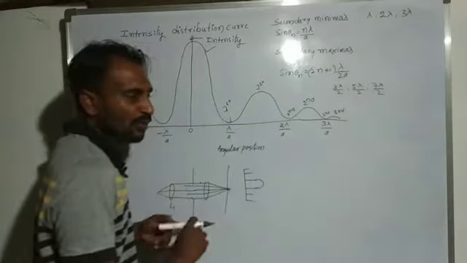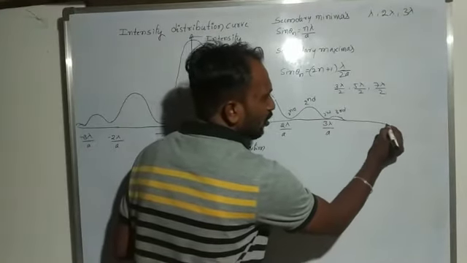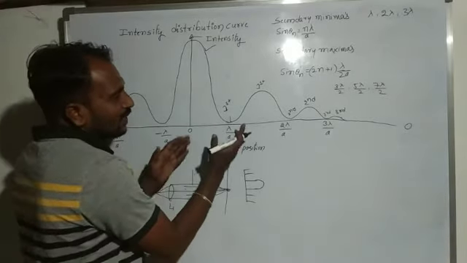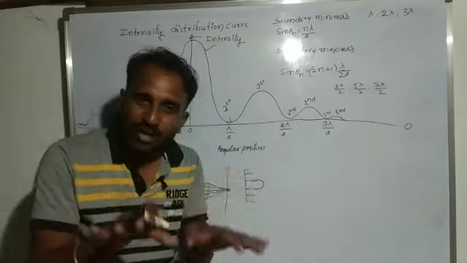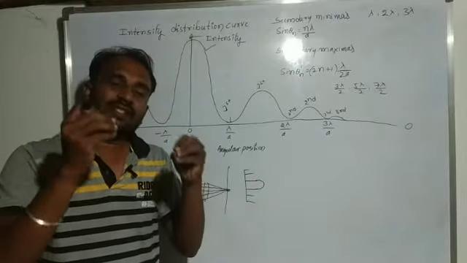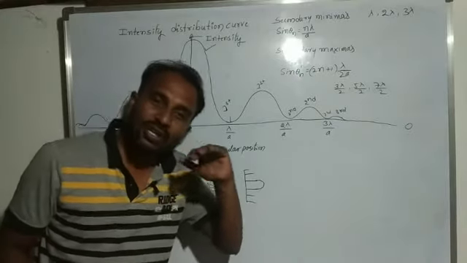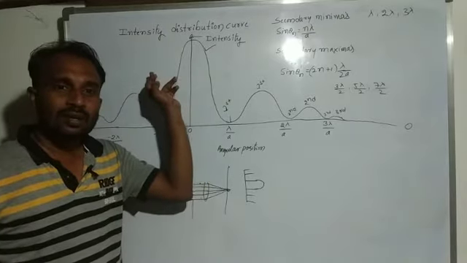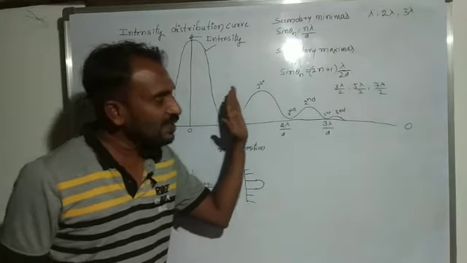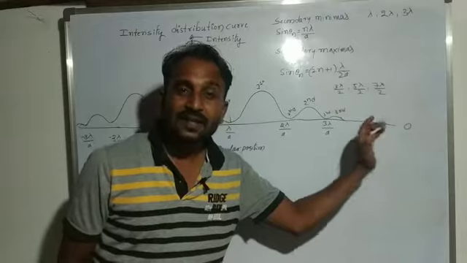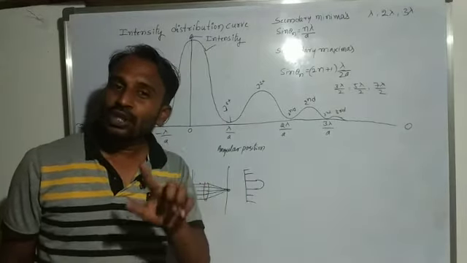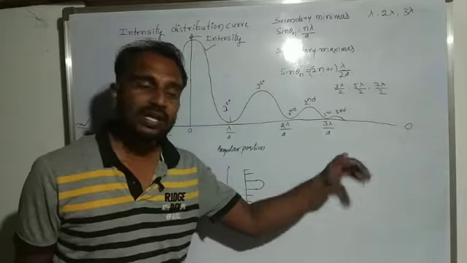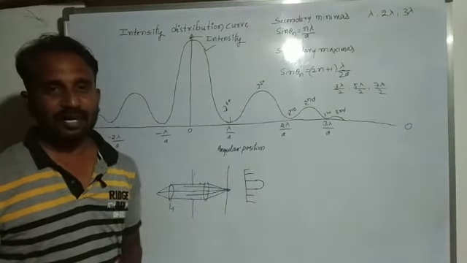The intensity of the minima goes on increasing from the central maxima. First, second, third, fourth secondary minima, the intensity goes on decreasing, finally zero. So the intensity of the secondary maxima goes on decreasing from the central maxima.